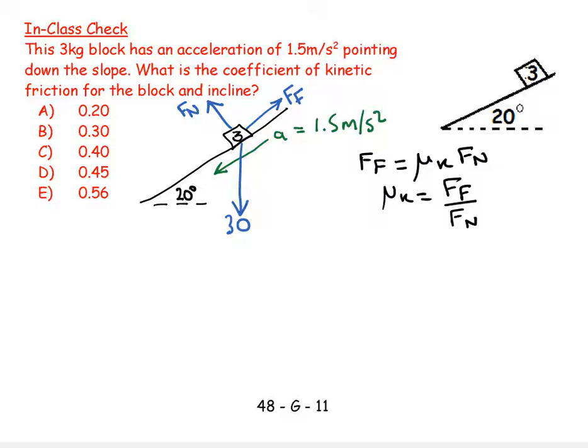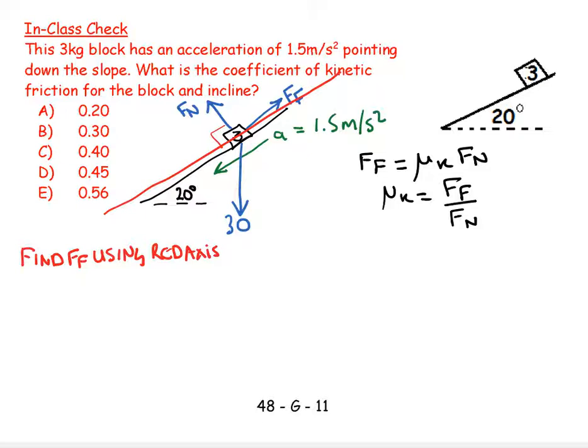So let's find Ff to begin with. If I want to find Ff, I don't want to deal with Fn. So I'm going to put an axis, as usual, perpendicular to the thing that I don't want. So I find Ff using the red axis, let's say.